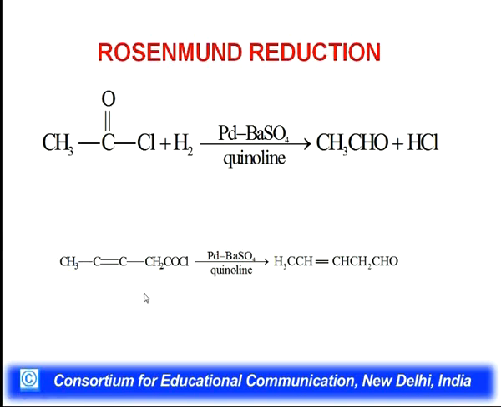That is, both the hydrogen atoms will add from the same side of the triple bond, resulting in an unsaturated aldehyde like this. So when we are using Lindlar's catalyst, we are not able to reduce this completely to a single bond, and we will get an unsaturated aldehyde here because palladium has been poisoned with BaSO4.